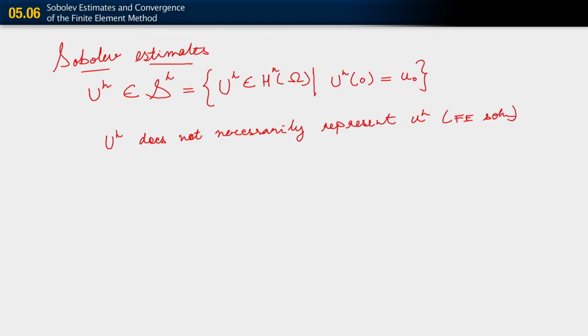It is any other solution in SH, right, where SH now has been defined to include all functions that live in Hn. Okay, all right. I want now to consider a very special member of this set of functions.